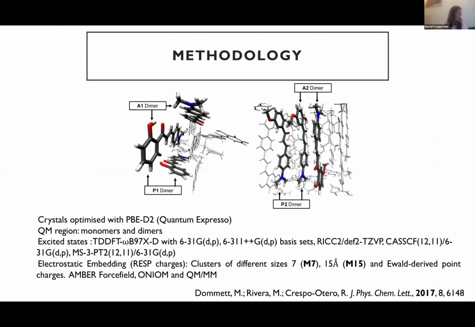So to analyze the excited states in the molecular crystals, we did a series of calculations and tests. We used a mix of methods, and I'm going to show you the main conclusions that we obtained. If you have any particular question, I can answer you later.